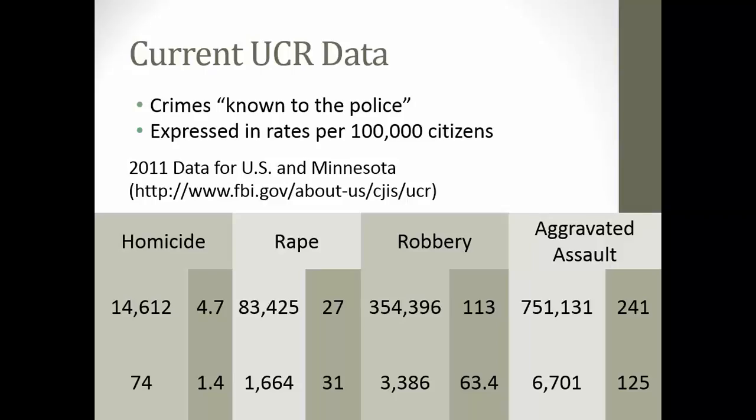We discussed the rape numbers earlier in the semester, and my strong suspicion, although I've never fully investigated this, is that Minnesota is a bit higher because it's such a progressive state when it comes to response to domestic violence, sexual assault, and rape, that I suspect what's going on is that a lot more rapes get reported. I would be pretty shocked if, in fact, the incidence of rape is higher in Minnesota than other states.